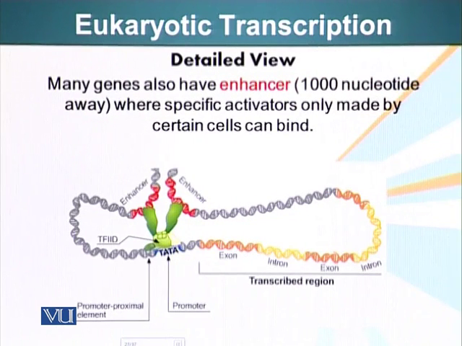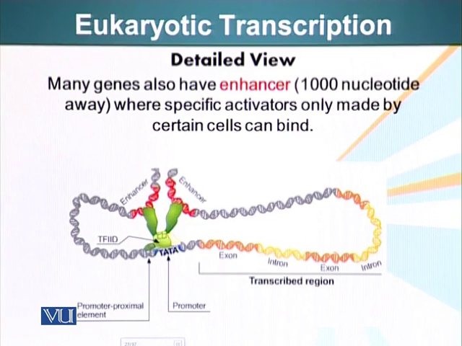So, additional information regarding transcription in eukaryotes. Many genes also have enhancers and silencers. These regions of DNA could be thousands of nucleotides away from where the transcription starts.